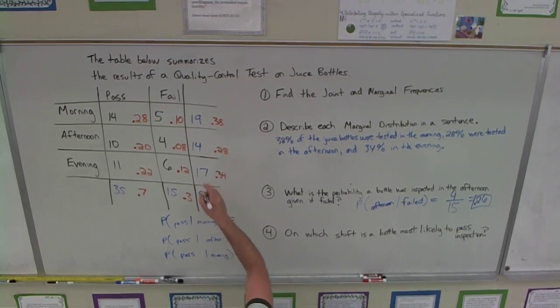There were 19 of those. This one is shrunken from the 50 to the afternoon tests. There were 14 of those, and there were 17 evening tests. So the passing ones in the morning, there were 14. Passing ones in the afternoon, 10. Passing ones in the evening, there were 11.